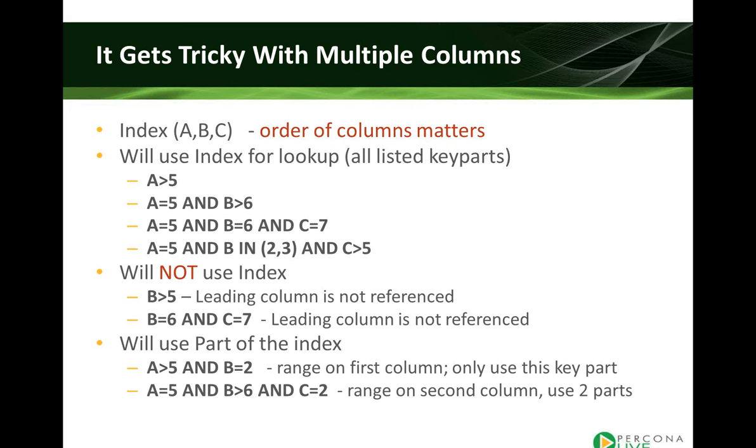It will only use the a more than 5 clause using the index, and then just filter the other conditions after reading the data, which can be a lot more expensive. The second is essentially a similar example where the prefix on a, comma, b will be used, and then the c equals 2 predicate filters after the data is read.